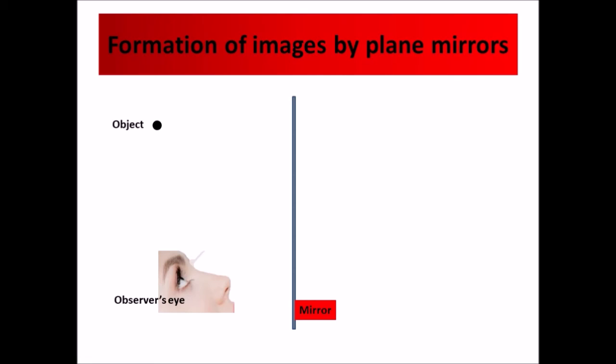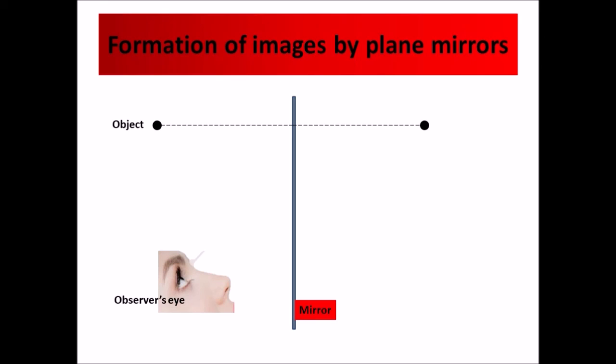So using your ruler, measure the two distances and mark as shown in the video. So that is the distance between the object and the mirror. Then the distance between the mirror and the image. Then we put the image at that point. So ensure that those lines are perpendicular to the mirror.